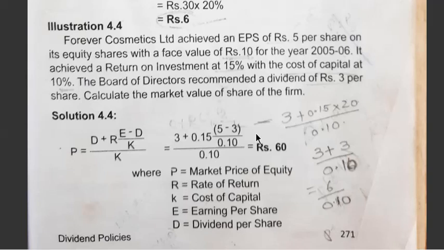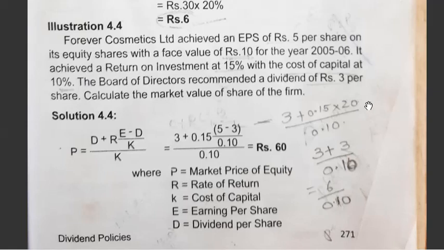Now how to calculate this? I have written the calculation here. 3 plus 0.15, first remove the bracket. 5 minus 3, you will get 2. 2 divided by 0.10, you will get 20. Divided by 0.10, this 0.10 you will write here.